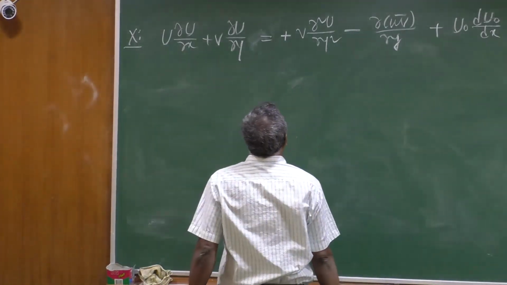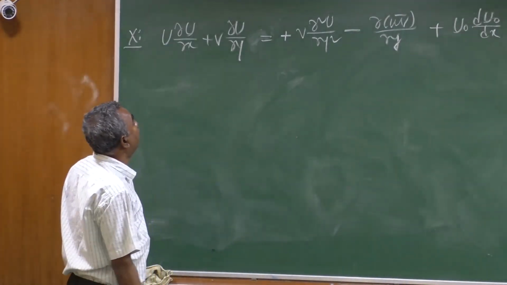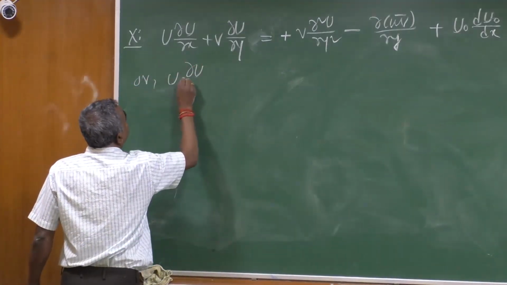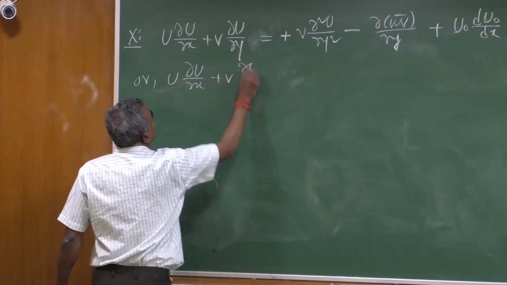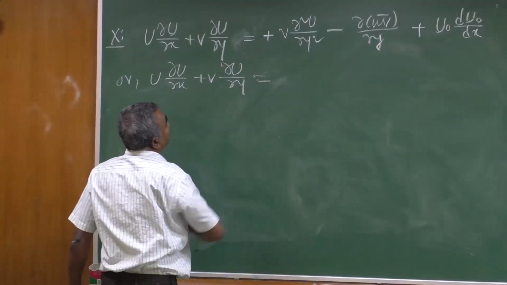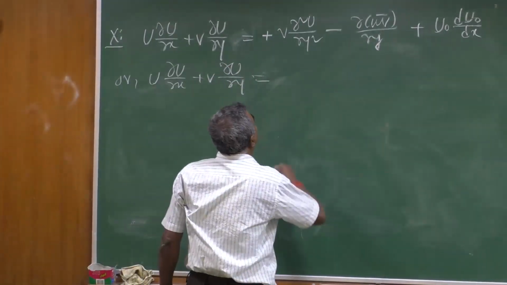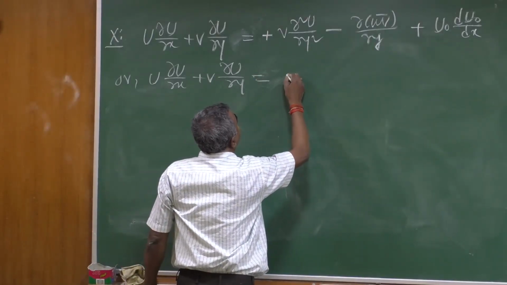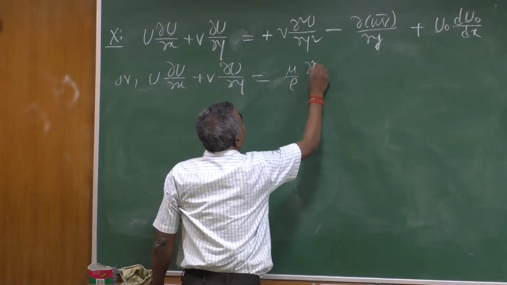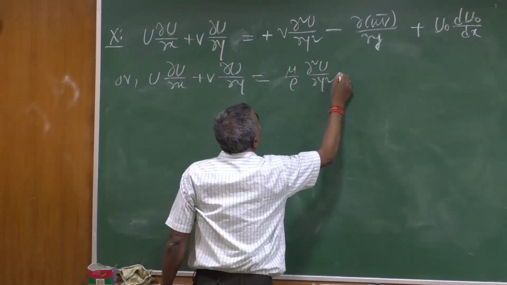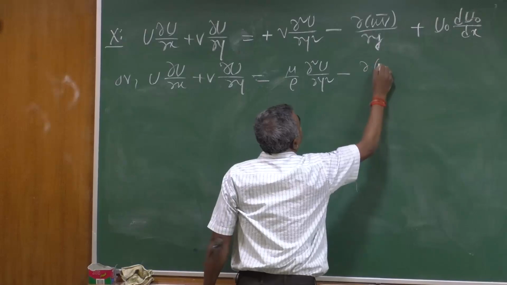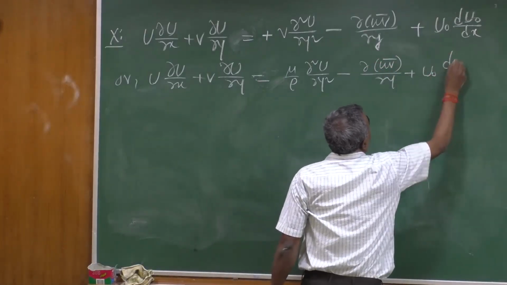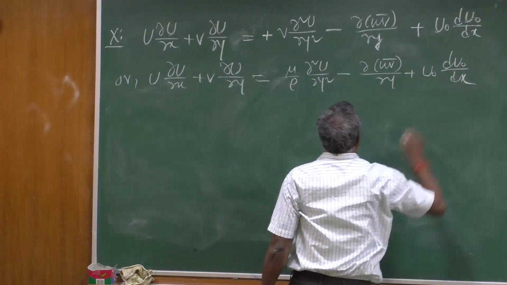So, that is your momentum equation. One more line can be done: del u del x plus v del u del y equals to mu by rho del 2 u del y 2 minus del u v bar del y plus u naught du naught dx.